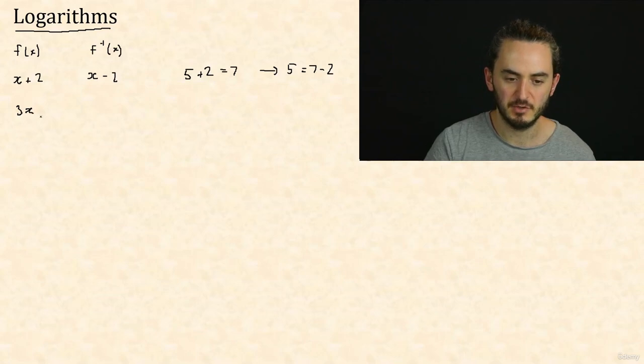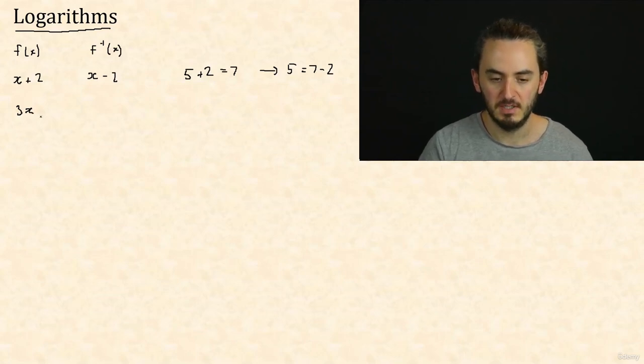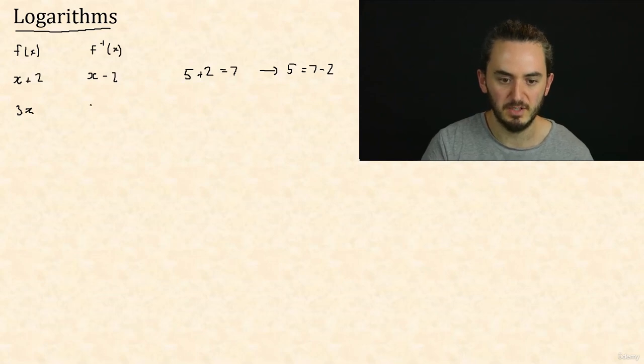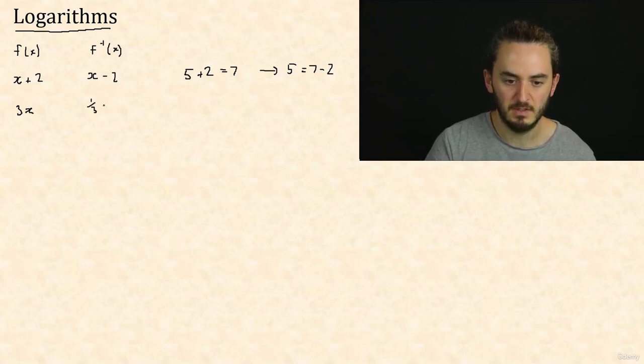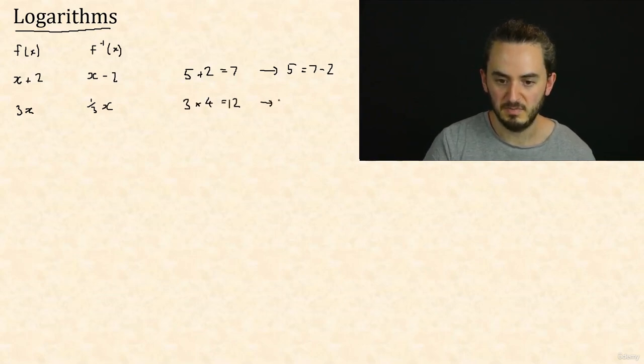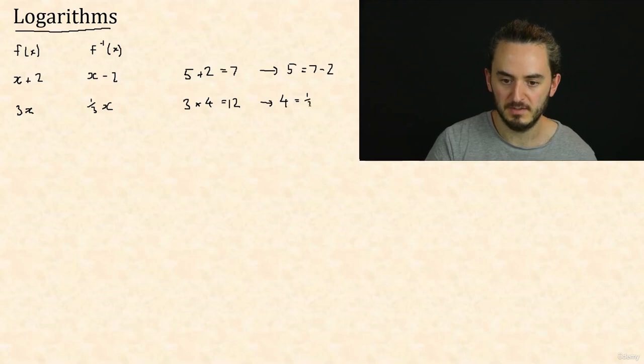That's the function which trebles something. Well, what's the opposite of multiplying by 3? Well, it's just dividing by 3 or multiplying by a third. And again, it's true that 3 times 4 is 12, and that must be because 4 is a third times 12.